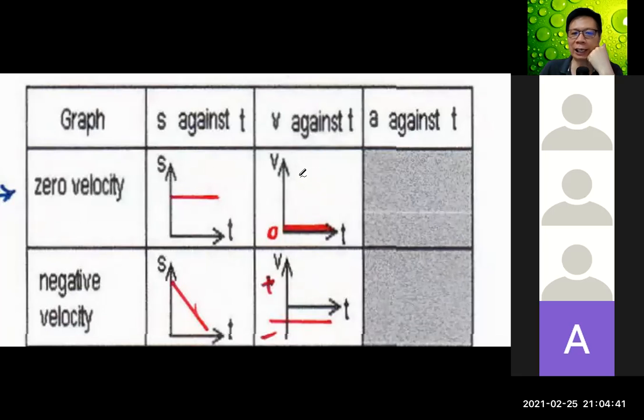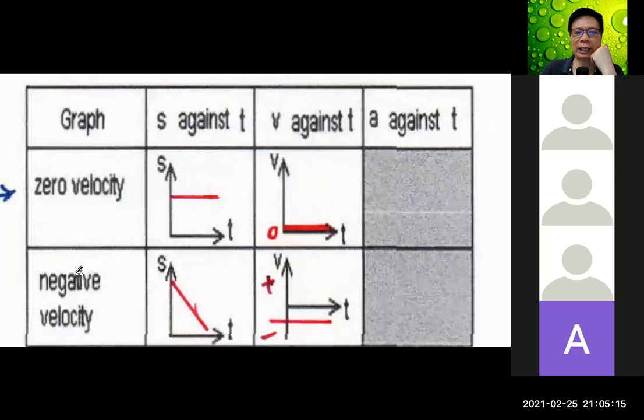But on the velocity-time graph, velocity is already on this axis. Velocity zero is here, so you draw a line crossing where the velocity is zero. Velocity zero is here, then velocity 5, velocity 10. Remember?